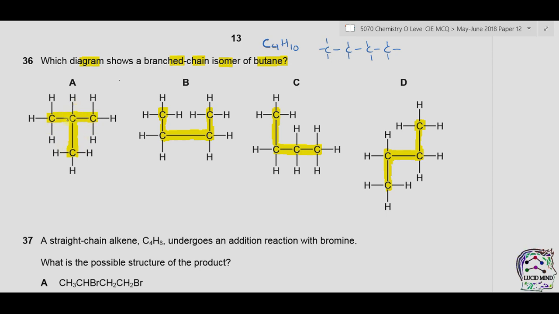As we can see, there are 2 chains of carbon atoms, one is this one and one is this one. Now for isomers, you should know that it means same formula but different structure.